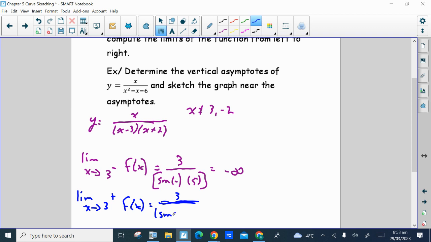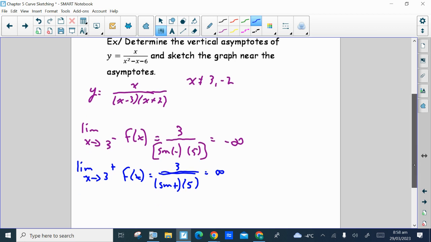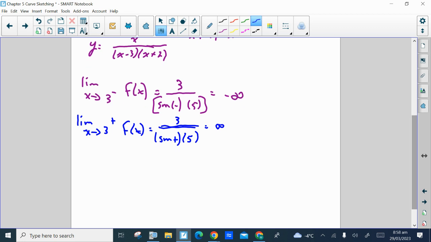So the first factor will be a small positive, and the second factor, once again, will approach a value of 5. So in this case, it's going to approach positive infinity as we approach 3 from the right side. So the limit as x approaches just 3 does not exist because it approaches different values on either side of 3.